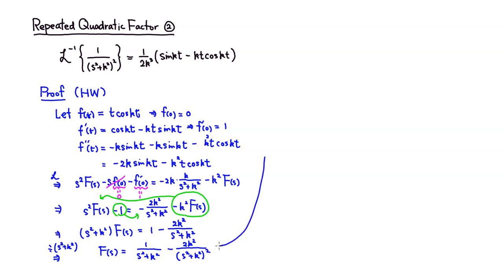Then remember that the capital F of s is simply the Laplace transform of t cosine of kt, and the right hand side is 1 over s squared plus k squared minus 2k squared over s squared plus k squared, squared, right?